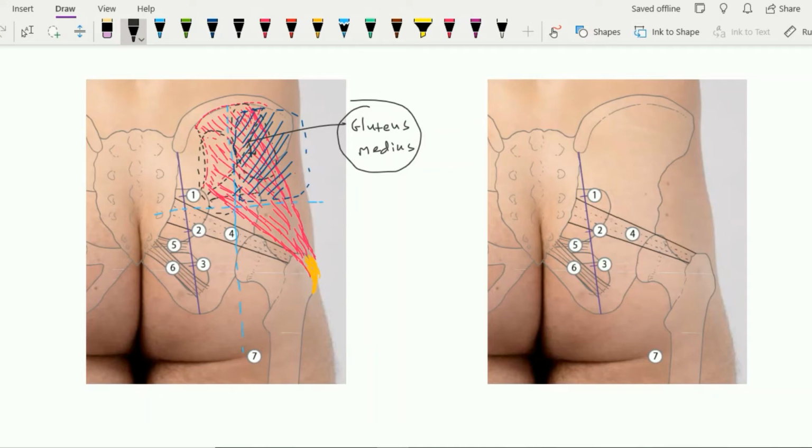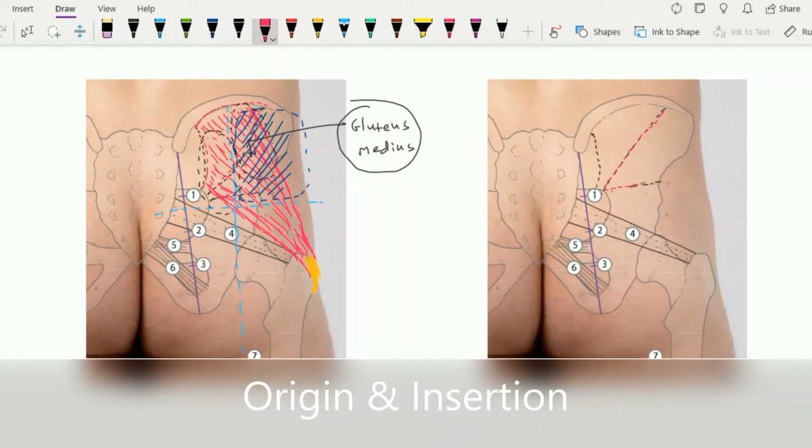Now the second muscle, that is the gluteus minimus muscle. Let's draw the posterior gluteal line, the anterior gluteal line, and the inferior gluteal line. This gluteus minimus muscle is completely under cover of the gluteus medius muscle, situated between the anterior gluteal line and inferior gluteal line.